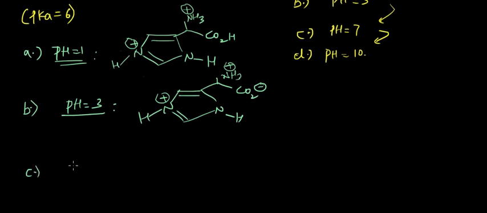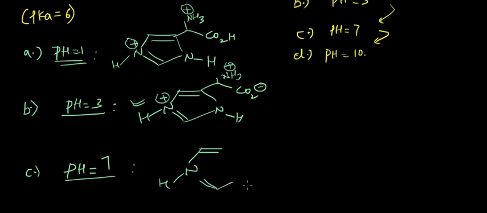Then when the pH applied is 7, this will lose its positive charge, and we'll get something like CO2 minus and NH3 plus here.